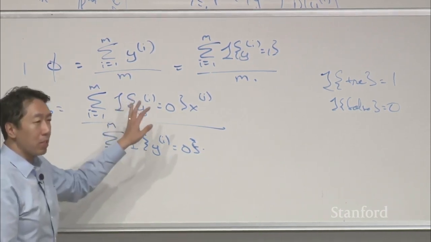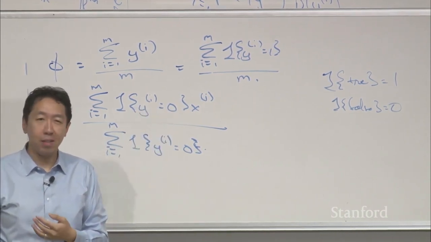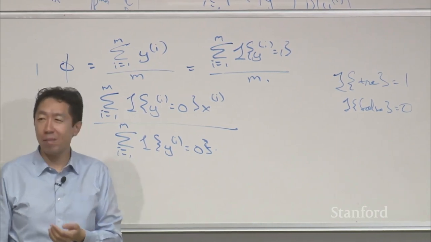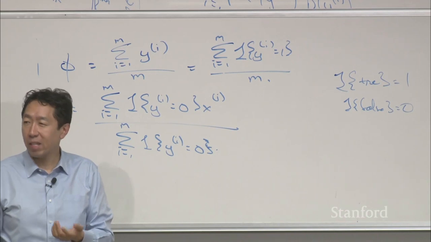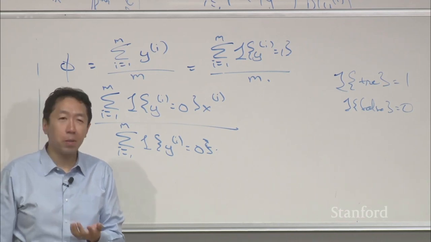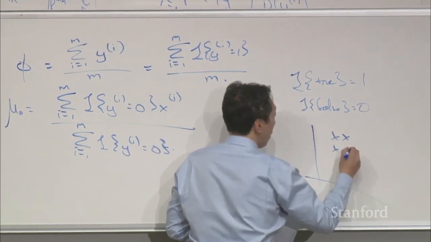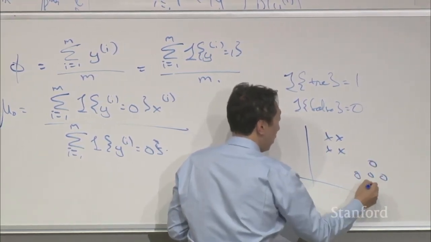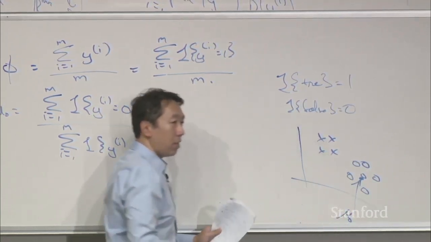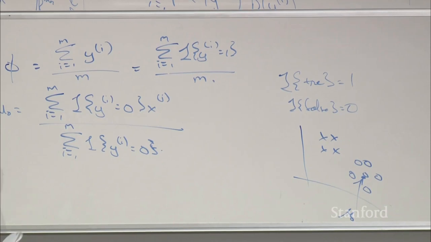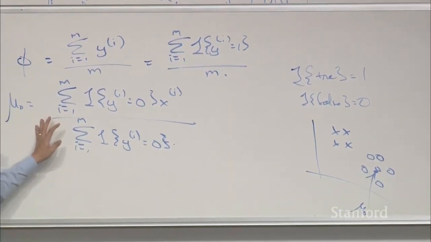If you put aside the math for now, what do you think is the maximum likelihood estimate of the mean of all of the features for the benign tumors? Well, you take all the benign tumors in your training set and just take their average. That seems like a very reasonable way. Look at all the benign tumors, all the O's, and take the mean of these. Look at all of your negative examples and average their features. So this is a way of writing out that intuition.